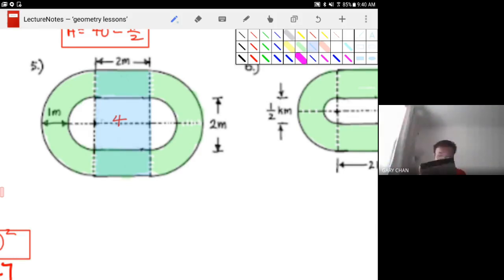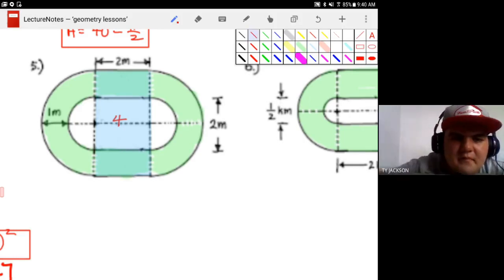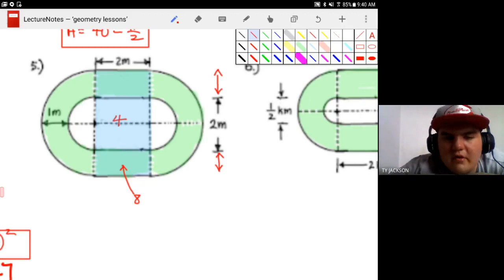That is going to be 8. Can you elaborate? How do you know that? Because one half of the rectangle is the same value as the other half, the other quarters of the rectangle. And we also see that there's 1 meter right here. So 2 meters times 1 meter, 2 times 4 is 8.